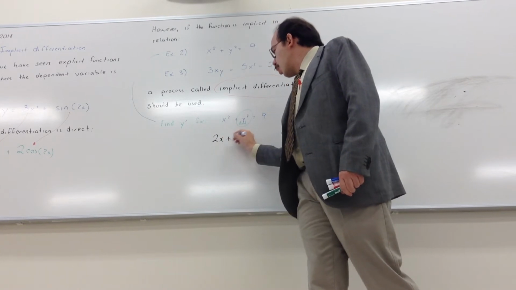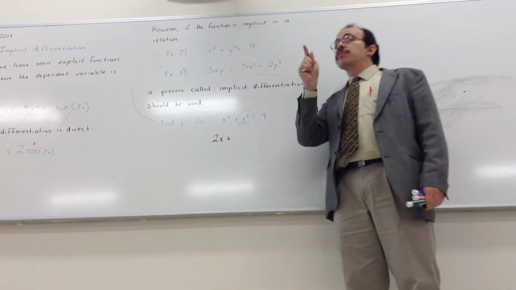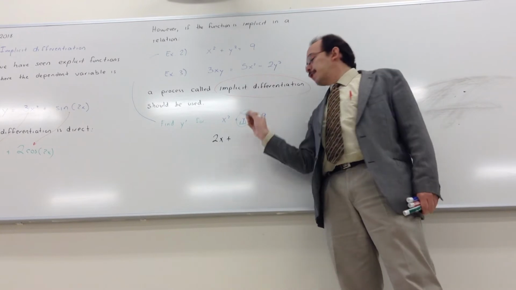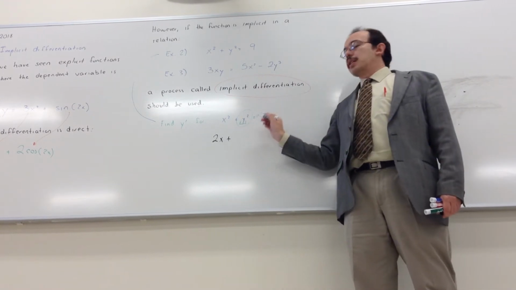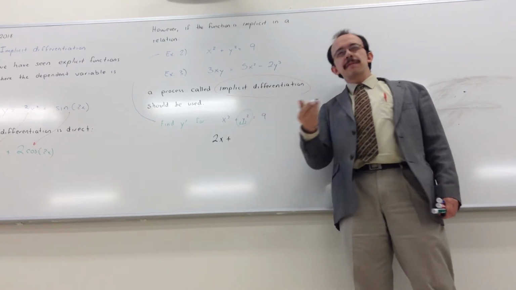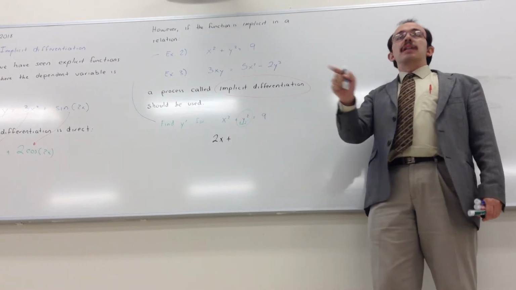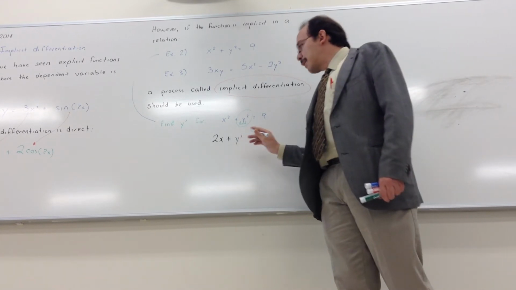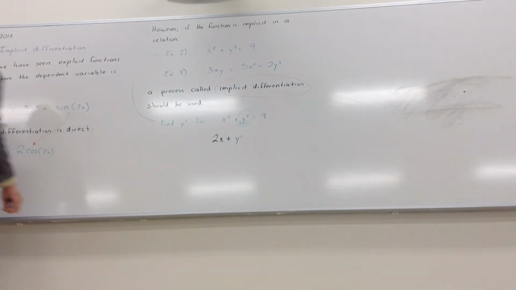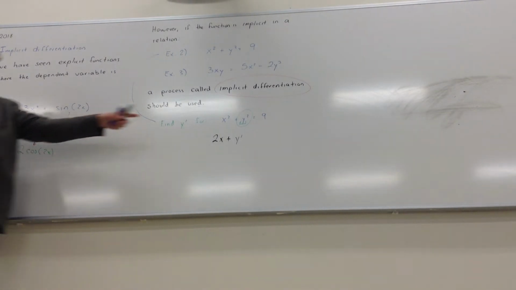Plus y squared, derivative, we're going to use chain rule. We're going to find the derivative of the y directly and then the y squared. So y derivative will be not 1, y prime. Y prime is the derivative. So again, same situation.